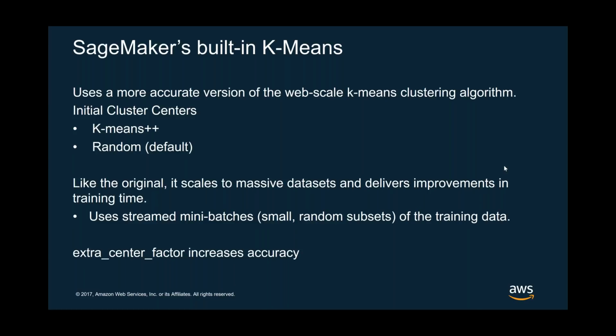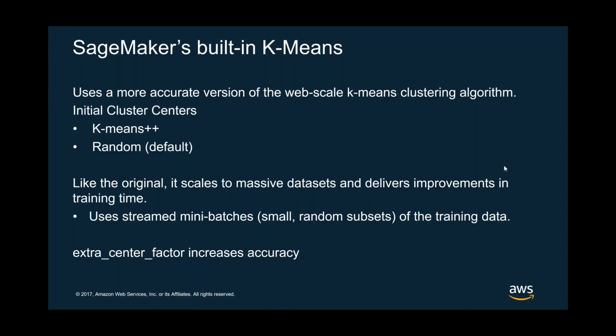The way you change this is, either in Python or in the GUI, by setting a factor that essentially chooses your means of K-means clustering. We also have an additional factor called the extra center factor, which also increases accuracy.